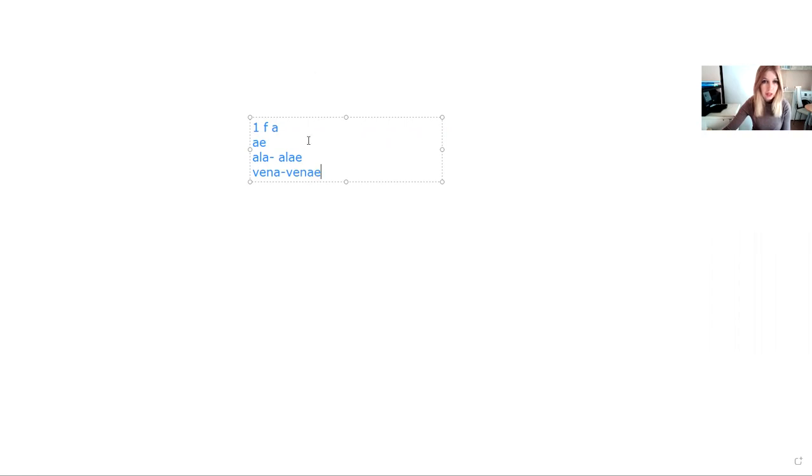Let's deal with nouns of second declension. Second declension in Latin language consists of nouns of masculine and neuter gender. Masculine gender has ending "us", neuter gender has ending "um" in nominative singular case.